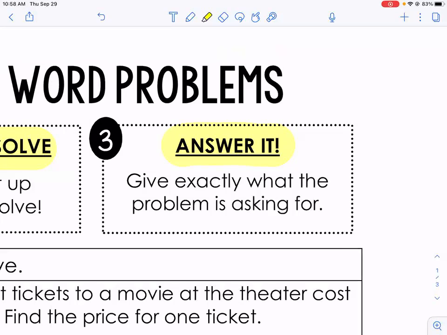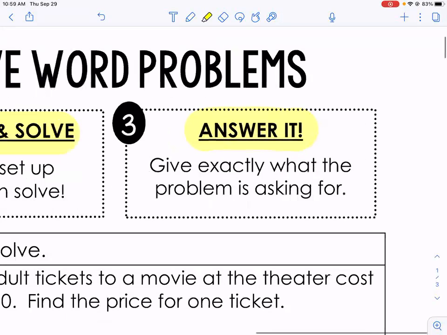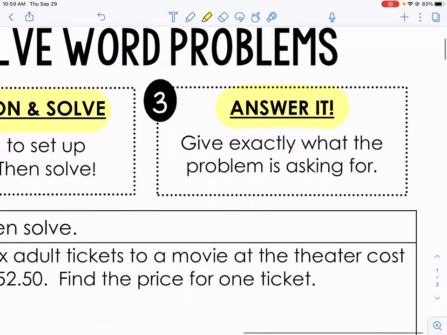If you're looking for a cost of something, you better have a $ sign on your answer. Okay. Are you looking for the number of tickets? Then your answer is going to be blah, blah, blah tickets. Okay. So I need you to make sure that you're answering the question. Okay. All right. So here we go.